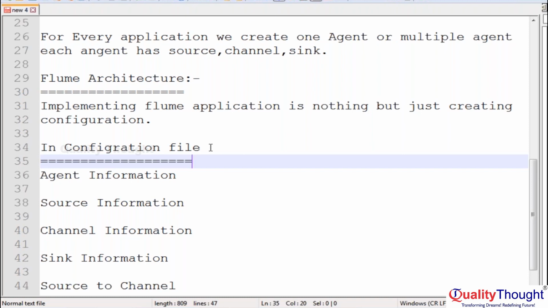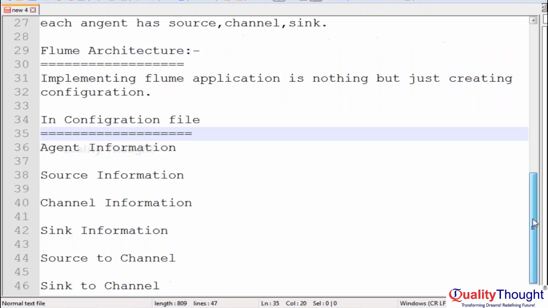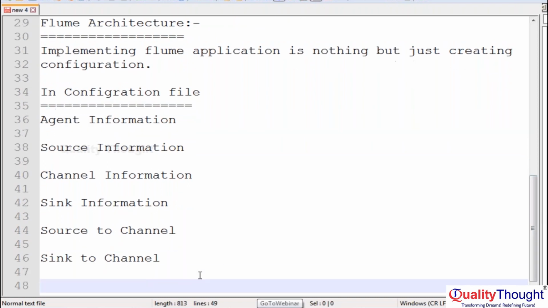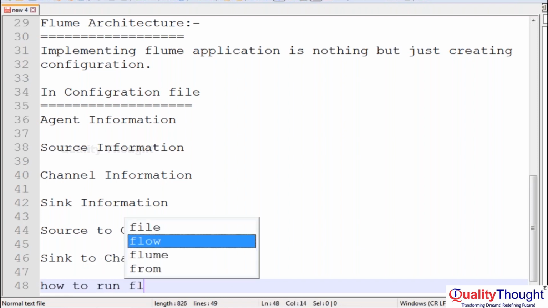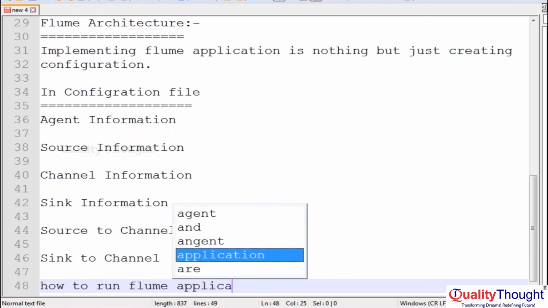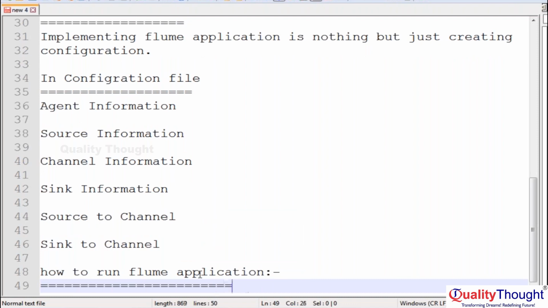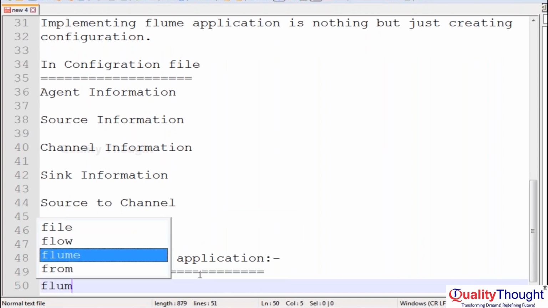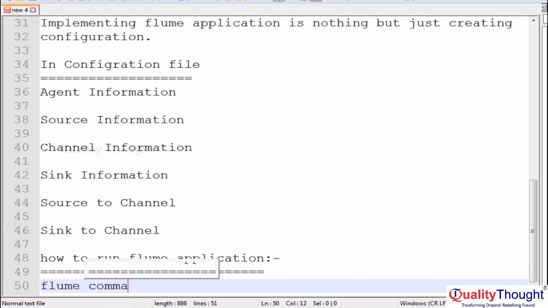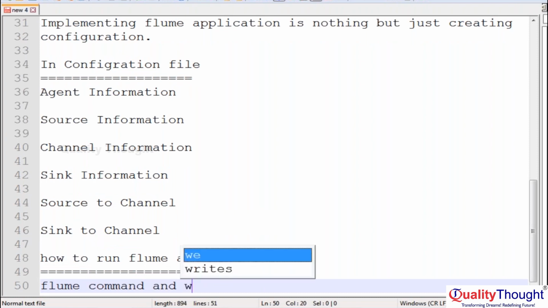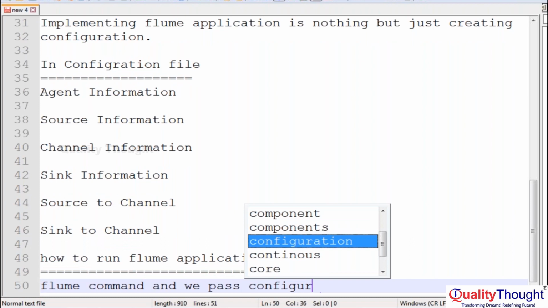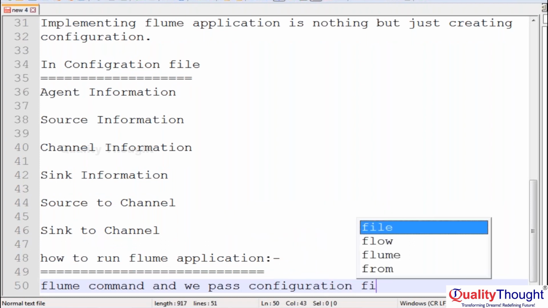To run the Flume application, we have a simple Flume command, and we pass the configuration file location.